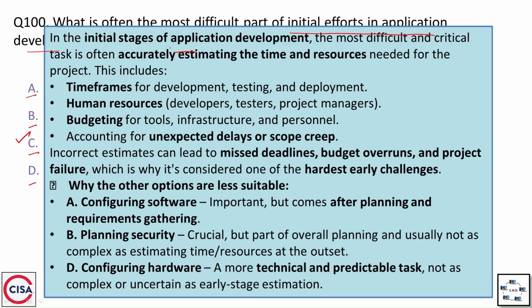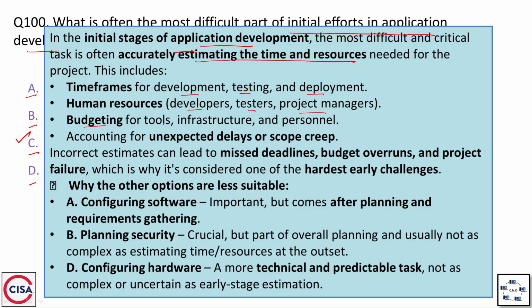So, in the initial stages of application development, the most difficult and critical task is often accurately estimating the time and resources needed for the project. This includes number one, time frames for development, testing, and deployment. Number two, human resources, that is, developers, testers, and project managers.